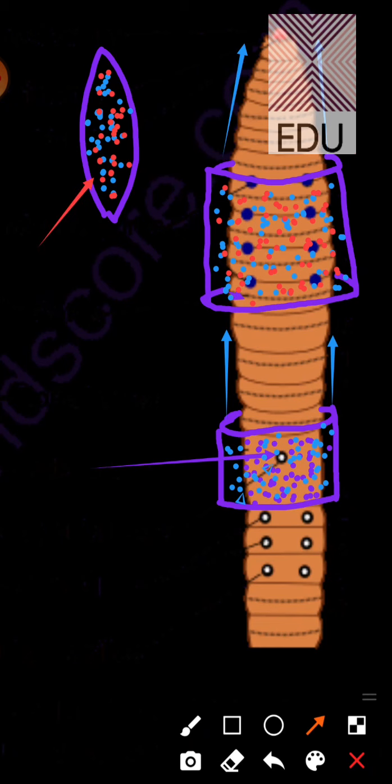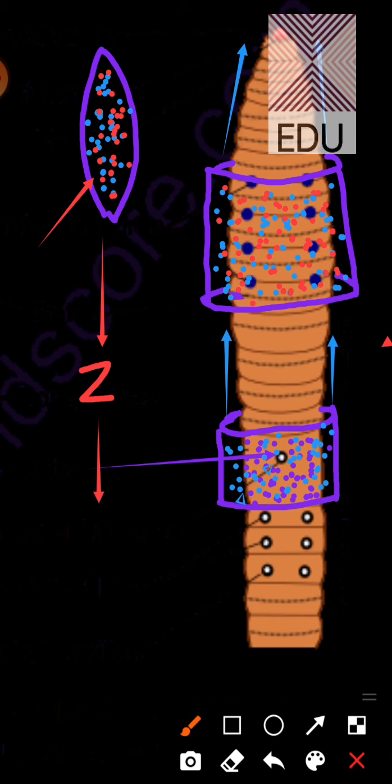Now after fertilization, what will happen? This is the formation of the zygote. After fertilization, the zygote is formed in this particular egg case or ootheca. Scientists have seen that only one zygote will grow and form a juvenile in this egg case.